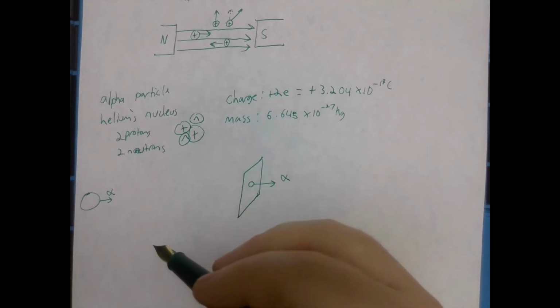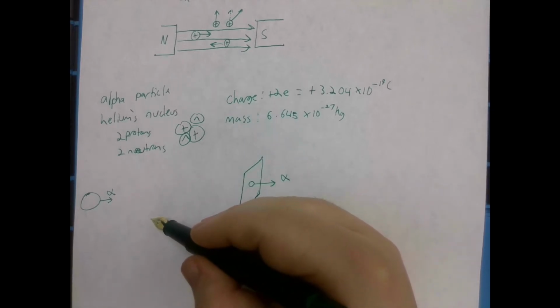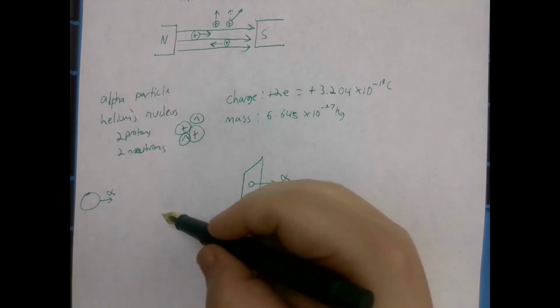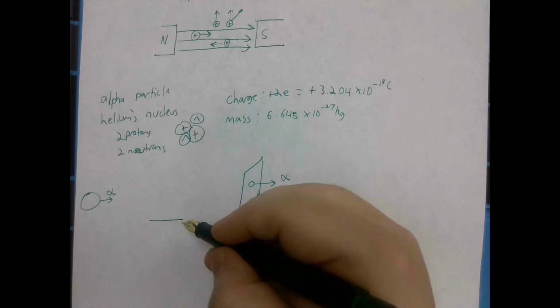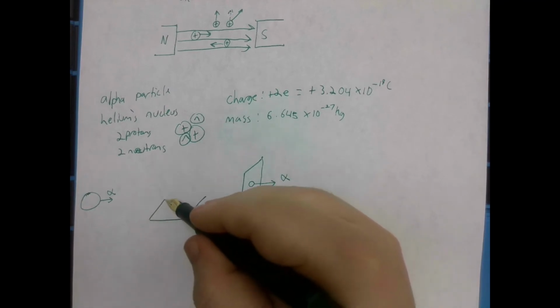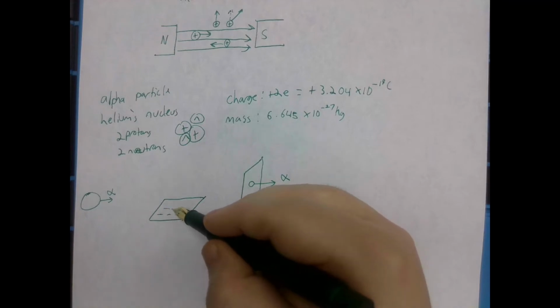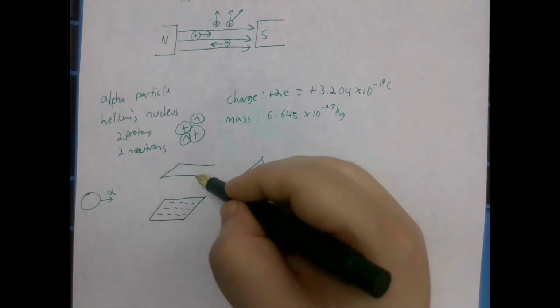So we can ignore gravity too. Let's ignore gravity and assume this is in outer space. It doesn't make too much difference. Let's first get the ones moving too slow. So I'm going to add some parallel plates. Make this one negative and make this one positive.